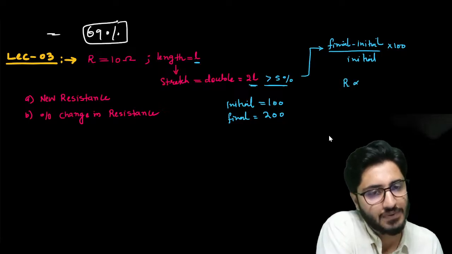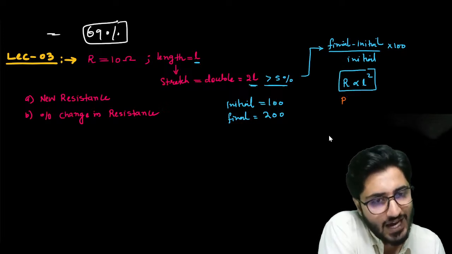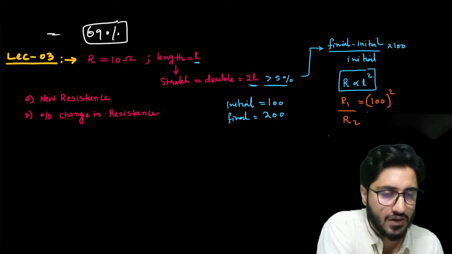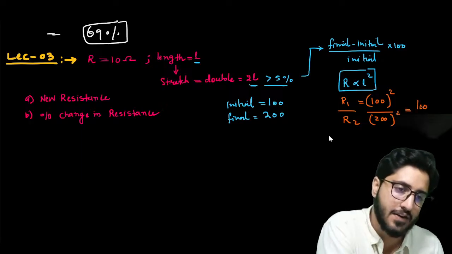R is proportional to L square. This formula we need to use. I can write R1 is 100 square, and R2 is 200 square. I can write it as R1 by R2 equals 100 divided by 200 whole square.